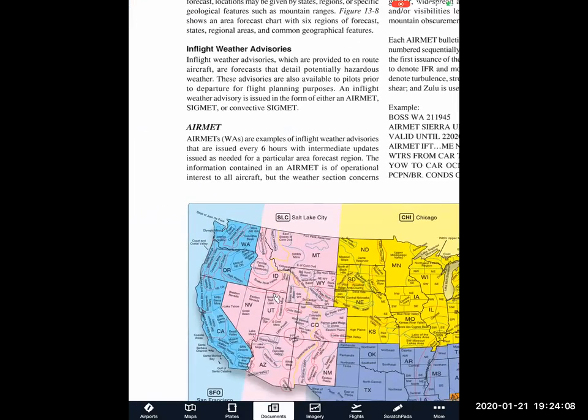The question you're absolutely guaranteed to be asked in one way or another on at least one of your progress checks, and the private certainly, but really any check ride, private, instrument, commercial, certainly CFI, is how often airmets issue. In this case, you can see the first thing they tell us is they issue every 6 hours. Now, why do we care about that? Because if an airmet came out 3 hours ago, you know how long it is until the next airmet comes out.